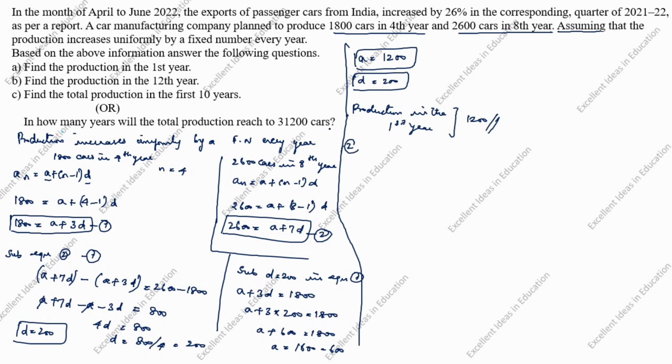Second question. Find the production in the 12th year. What is given? a_12.